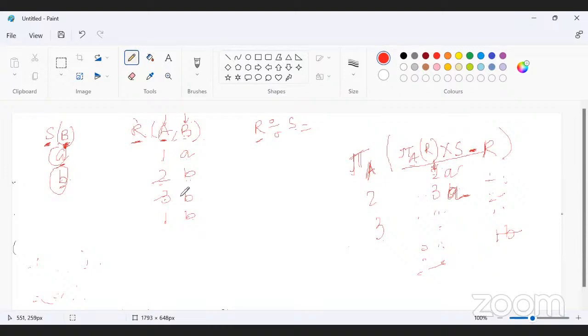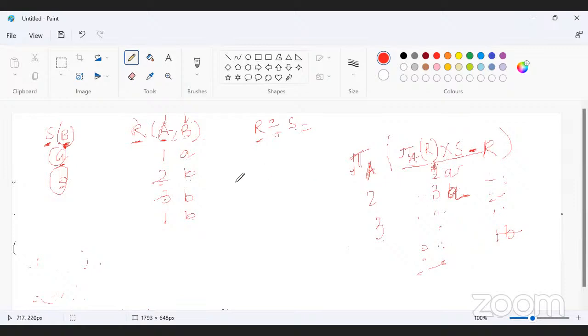So that is the disqualified value. As I previously said, the division operator is used for "all". So whoever the student is that has taken all the courses available in the course table, in that way these are the disqualified values. So we require the qualified values.